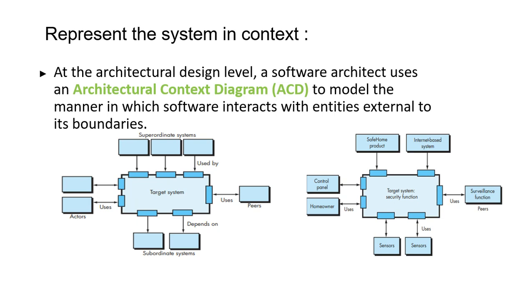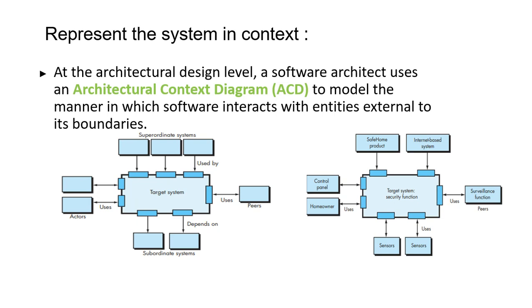See, there is a security function. The security function is connected by means of the control panel, and the control panel is the one which will have the entire design of the security function, and the home owner will be able to access the security function.